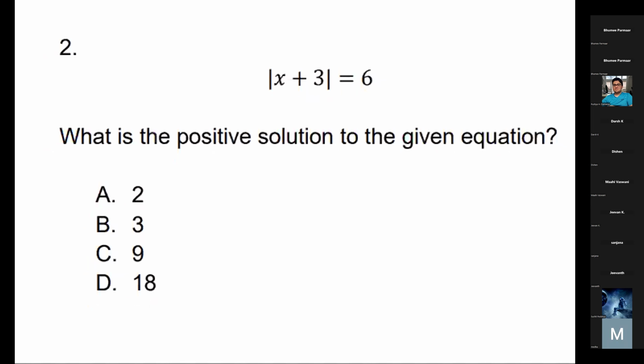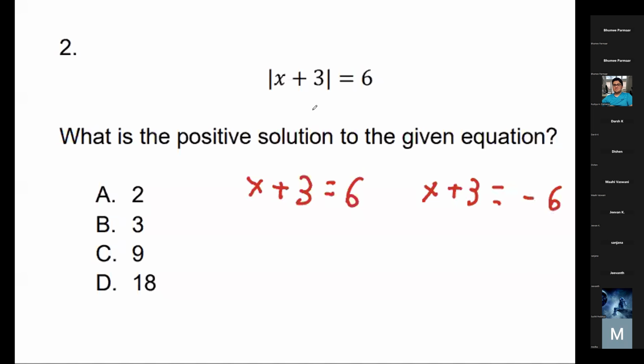Okay, so for question two, we're given the absolute value of x plus 3 equals 6. So first we need to get rid of this absolute value and find out the two solutions. So that would be x plus 3 equals 6 and x plus 3 equals -6.